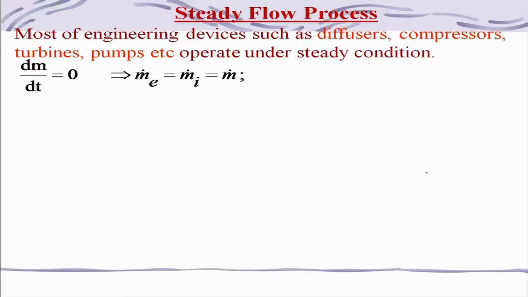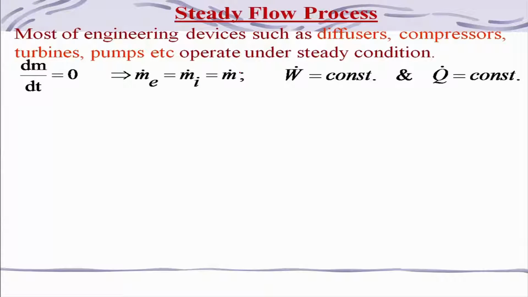So, for that we will say that dm dt is equal to 0. Steady state means there will not be any change or accumulation of mass, it will be coming and going. So, the mass flow rate at the exit is equal to the mass flow rate at the inlet, whatever is entering is going out, and this is equal to m dot.